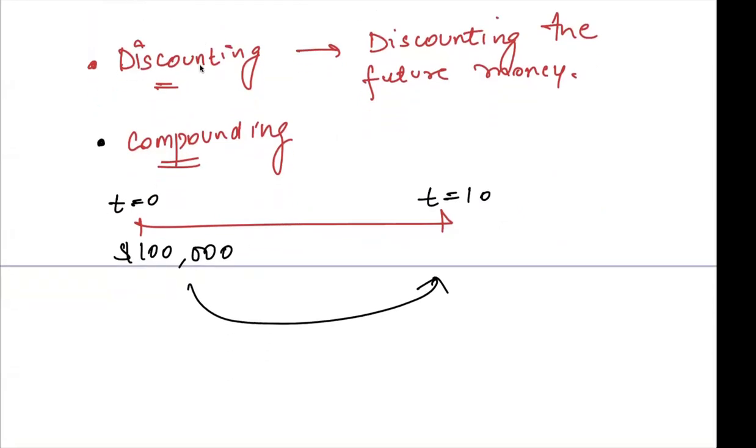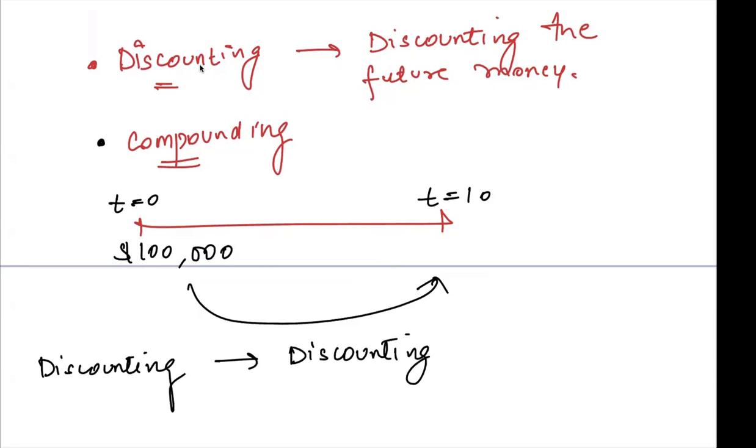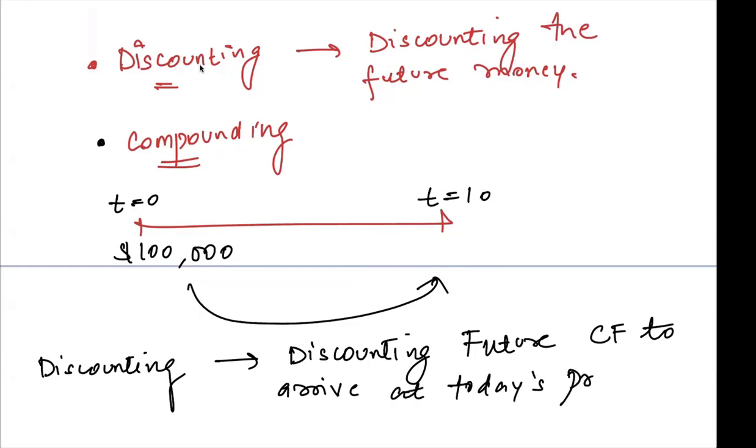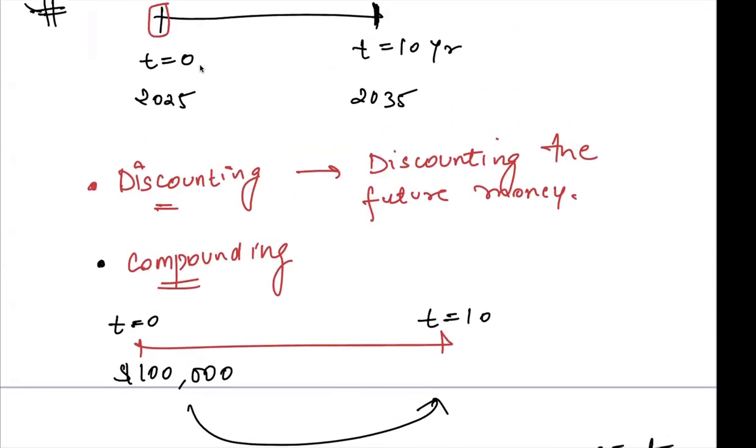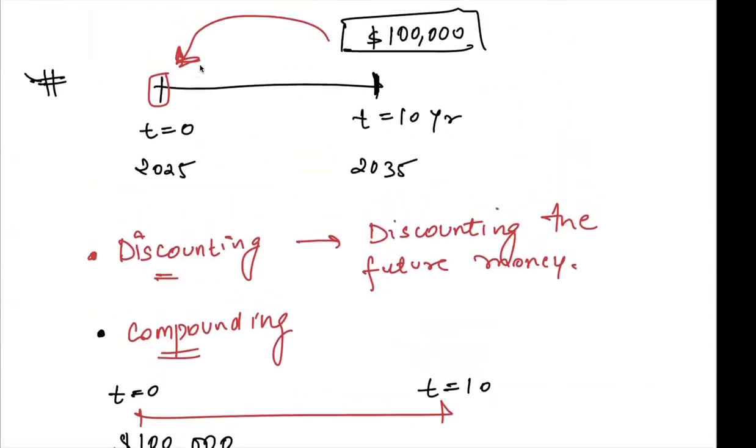Is it clear? So discounting means we are discounting future cash flow to arrive at today's price. If we receive $100,000 in the future, what will be the value of that $100,000 today?